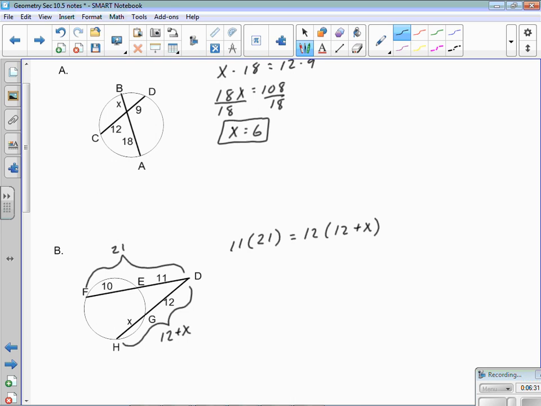We have 11 times 21, which is 231. And distribute that 12, which gives us 144 plus 12x.